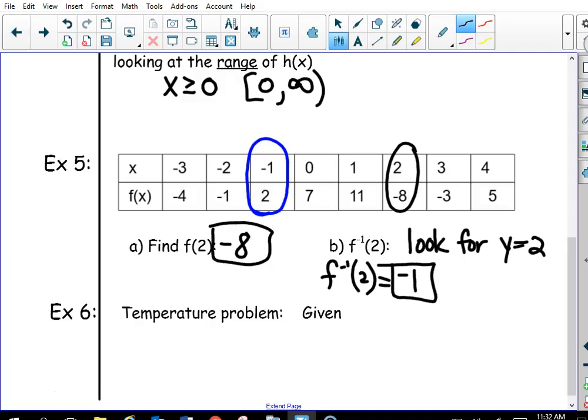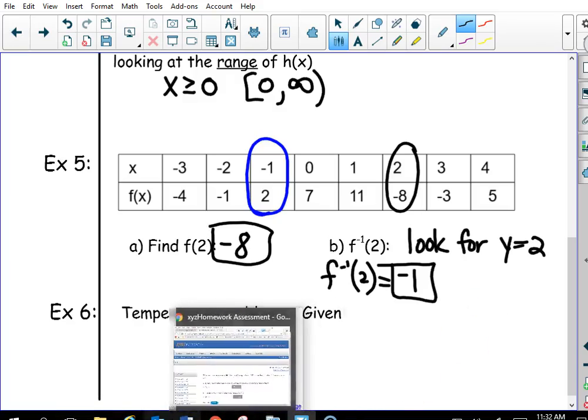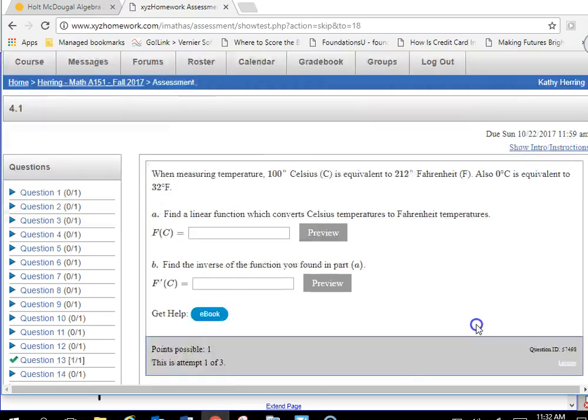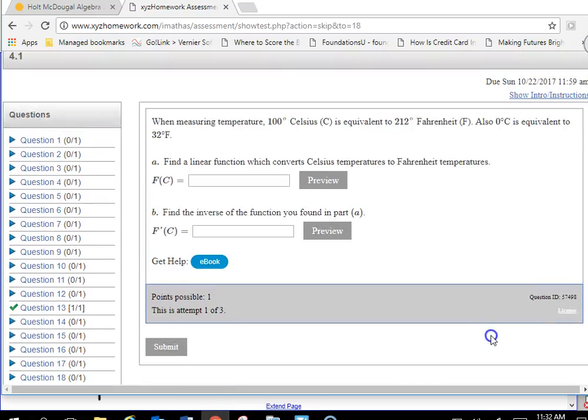Okay, last thing I want to talk to you about is the temperature problem that's given. I'm not going to do this problem, but I am going to get you started. I brought it up because it's the same problem. And again, we're working on inverses of linear, quadratic, and that seems like about it. But what they do is they give you a couple of points.